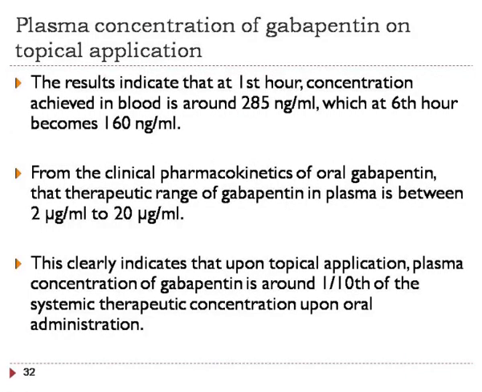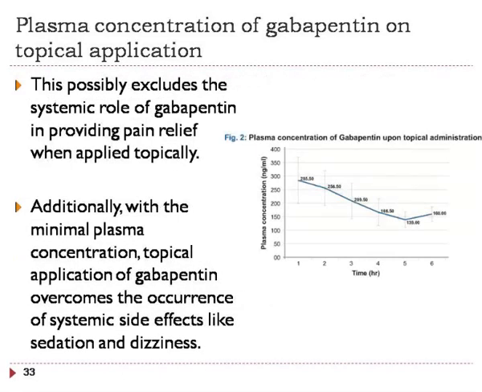This also shows that the plasma concentration of gabapentin following topical application is 1/10 of what is achieved by oral administration. So we are achieving only 1/10 of the systemic level of gabapentin, but at the same time the topical concentration is very high and persists for 6 hours. So that is the advantage of topical application of gabapentin.